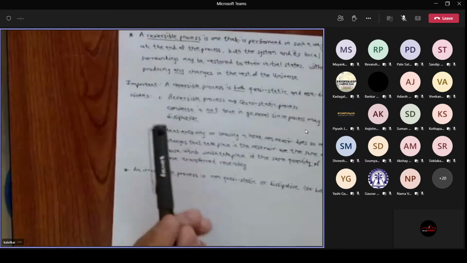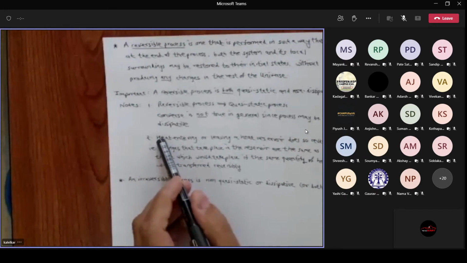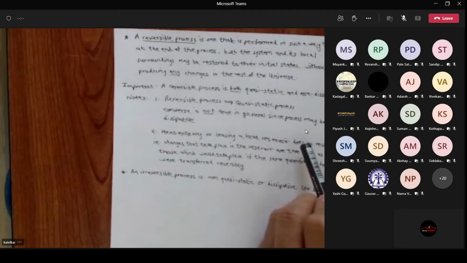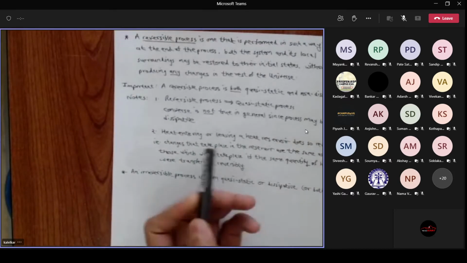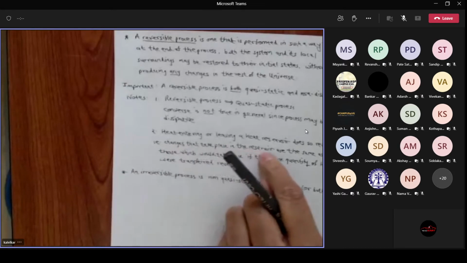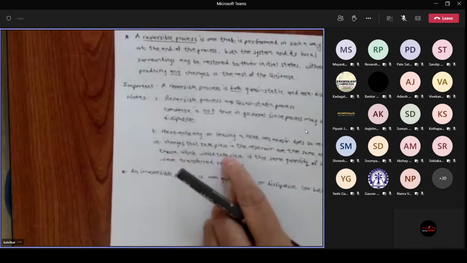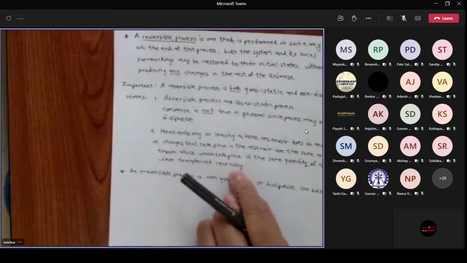So this statement is another important thing about reversible processes. Heat entering or leaving a heat reservoir does so reversibly. What I mean is, changes that take place in the reservoir are the same as those which would take place if the same quantity of heat were transferred reversibly.